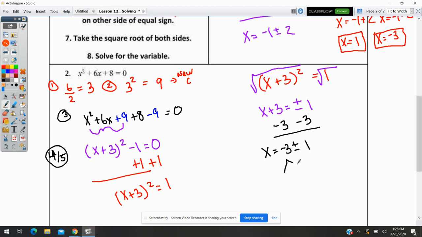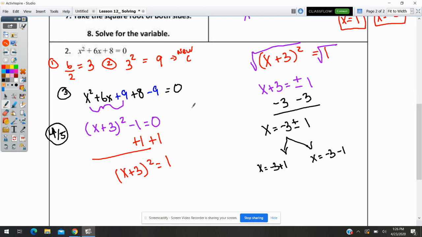We could break this up to solve for our 2 solutions. One x value is negative 3 plus 1, and one is negative 3 minus 1. So one root is negative 3 plus 1, which is negative 2, and negative 3 minus 1 is negative 4.